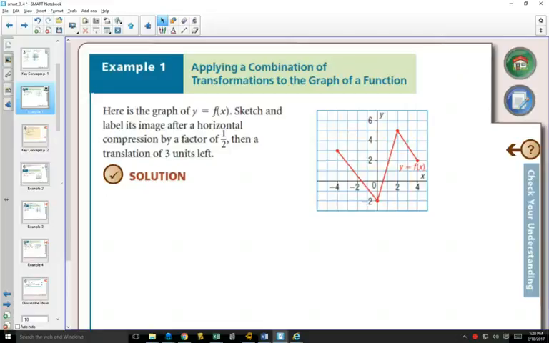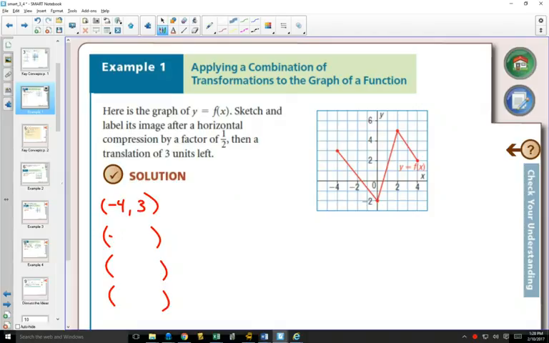So we've got our original points. Again, we can label all 4 of them. We've got -4, 3, 0, -2, 2, 5, and 4, 2.